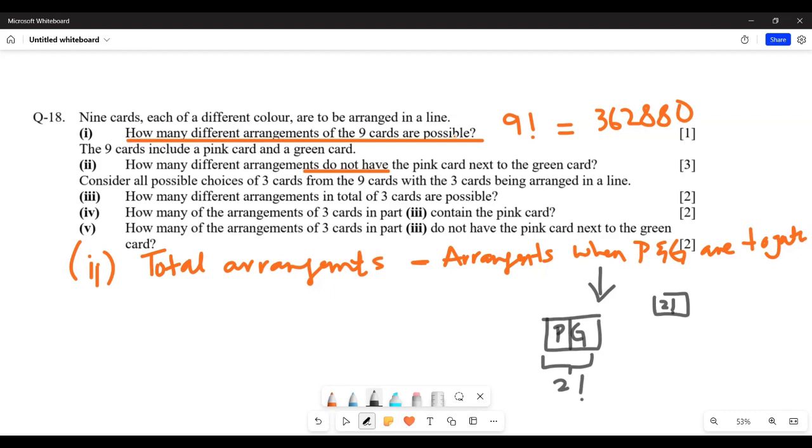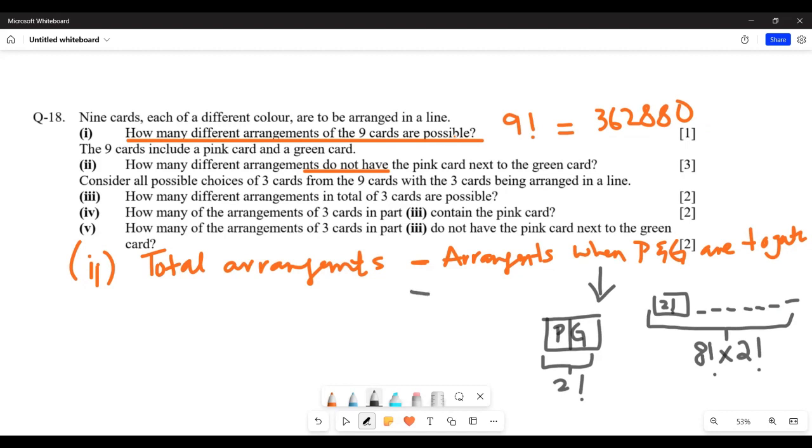And apart from these 2 cards, we have 7 more. So 1, 2, 3, 4, 5, 6, 7. So these are a total of 8 slots. So it will have an arrangement of 8 factorial, and then times the grouped part has an arrangement of 2 factorial.